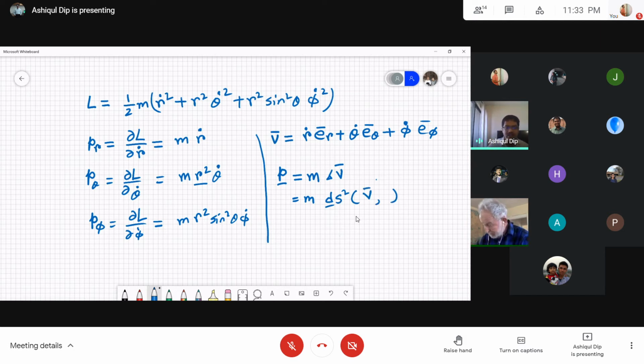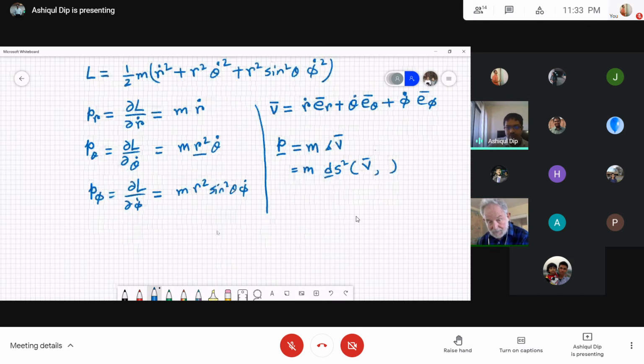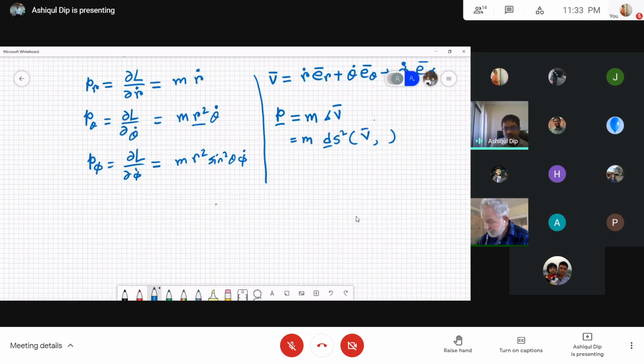And you see it will work because your ds squared, you remember, ds squared was what? In spherical polar coordinates it was like 1, 0, 0; 0, r squared, 0; 0, 0, r squared sine squared theta.